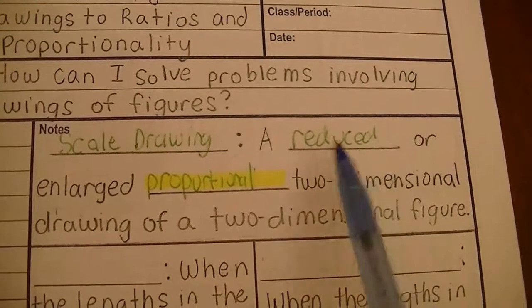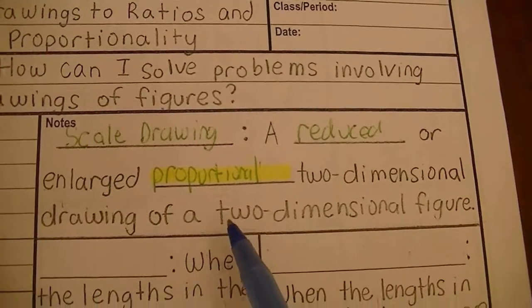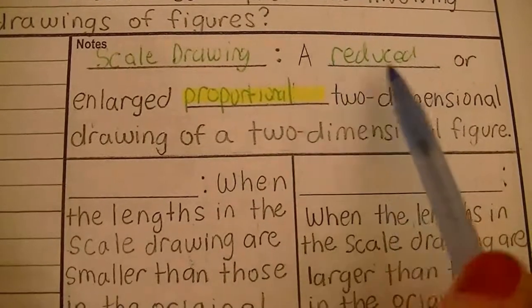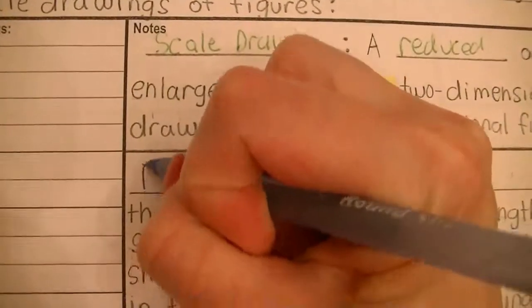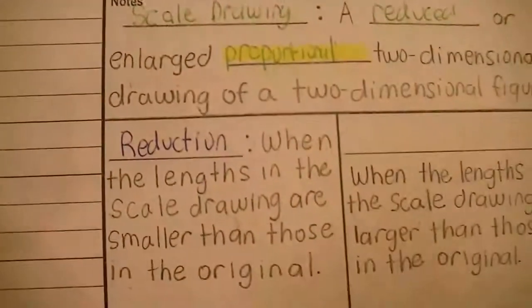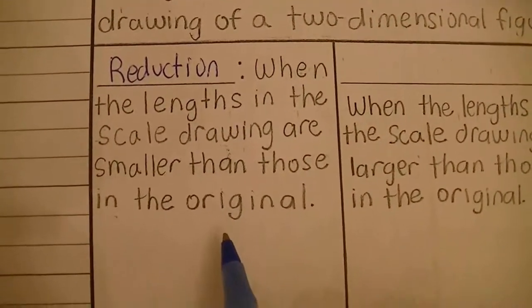And since it says it's a reduced or enlarged proportional two-dimensional drawing of a two-dimensional figure, there is a word that represents when it's smaller than the original, and that's called a reduction. And that's when the lengths in the scale drawing are smaller than those in the original.